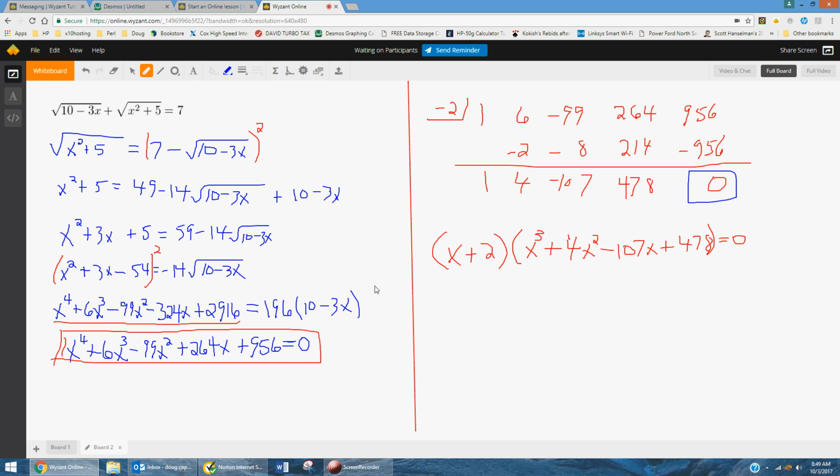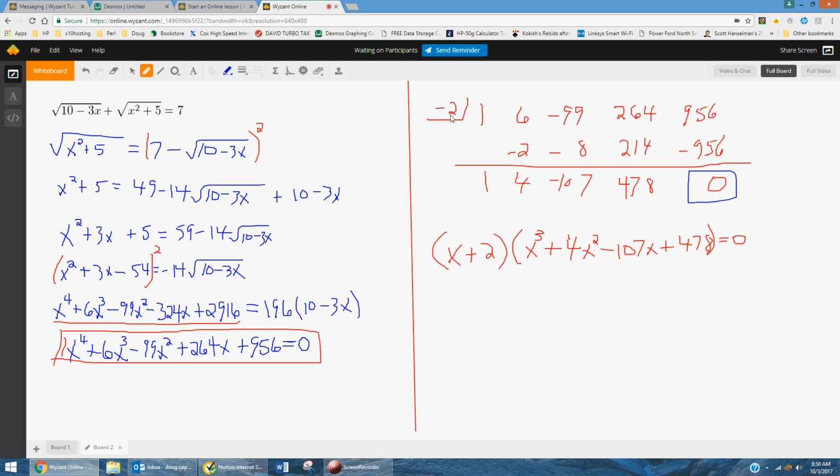So how does synthetic division work? Well, I'm not going to go into too much detail, but what you do is you bring down that leading coefficient, then you multiply. -2 times 1 is -2, add 6 plus -2 is 4, multiply, -2 times 4 is -8, add -107, -2 times -107 is 214, add 478, -2 times 478 is -956, add, the remainder is 0.